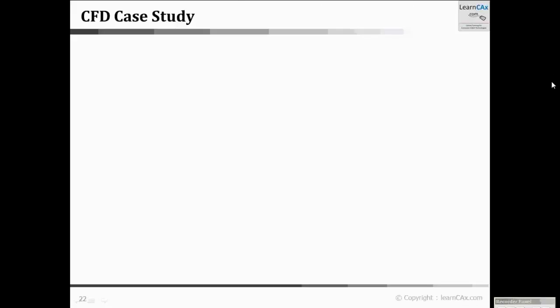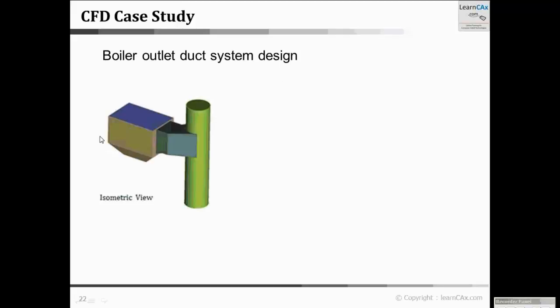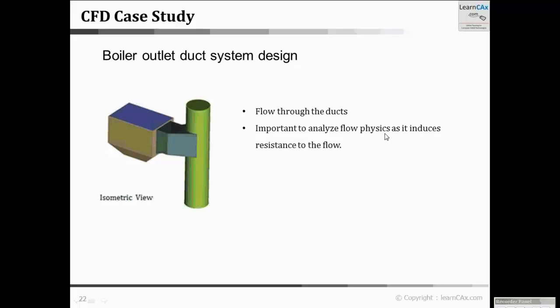So this sample case is of a boiler outlet duct system design using CFD. This is a CAD model of that particular duct system. There is flow through these ducts, and it is important to analyze this flow because the duct system offers resistance to the flow, and this resistance causes a pressure drop, which is compensated by the power.